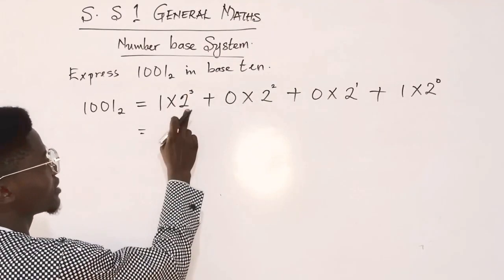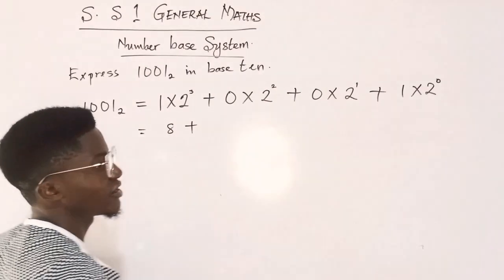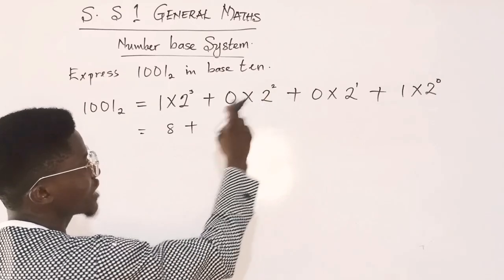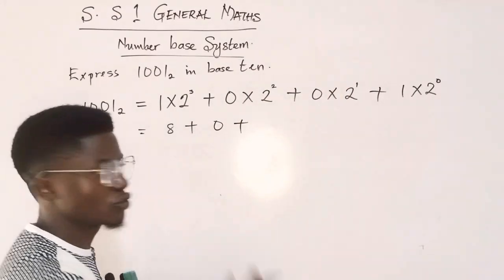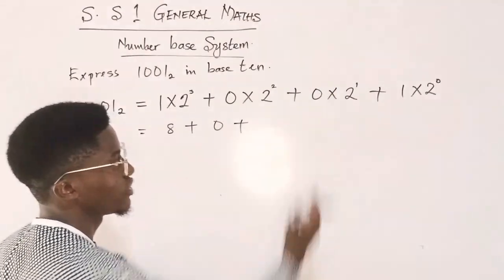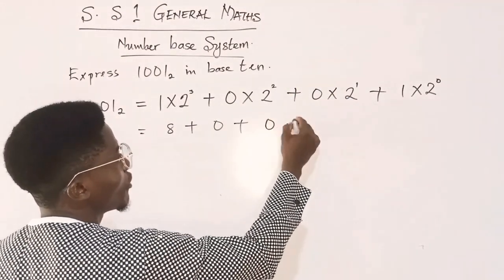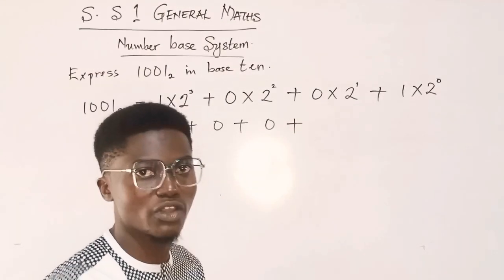Therefore, this is 1 times 8, which gives us 8, plus 2 raised to the power 2, which is 4. Then 4 times 0 gives us 0, plus 2 raised to the power 1, which is 2. Then 2 times 0 gives us 0, plus 2 raised to the power 0. Anything raised to the power 0 is equal to 1.